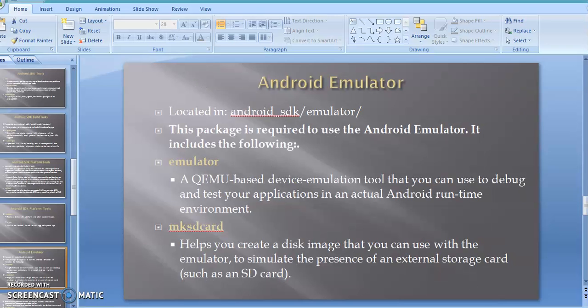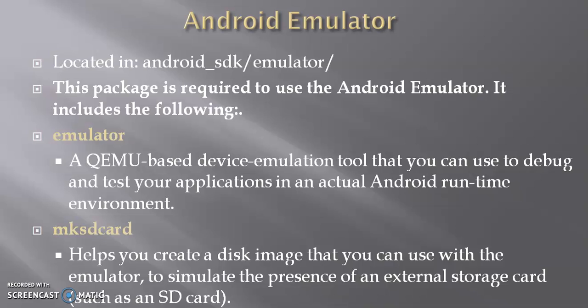The next is Android Emulator tools, which is located under the Android SDK/emulator. This package is required to use the Android emulator, and it includes the following. The first one is Emulator, which is a QEMU based device emulation tool which is used to debug and test your applications in an actual Android runtime environment.